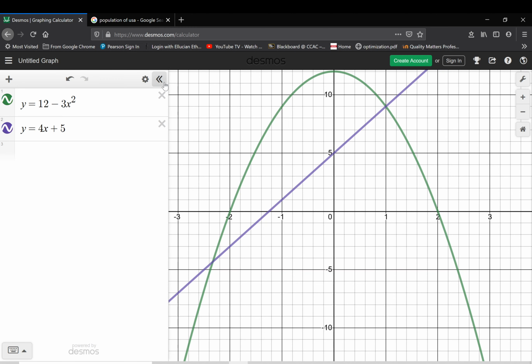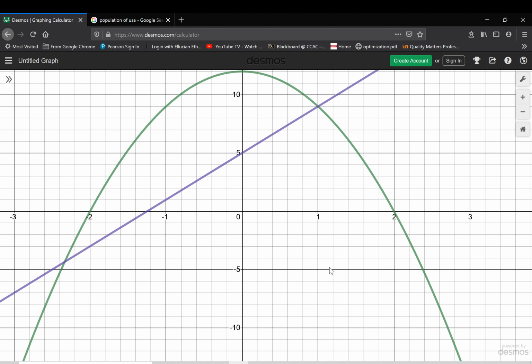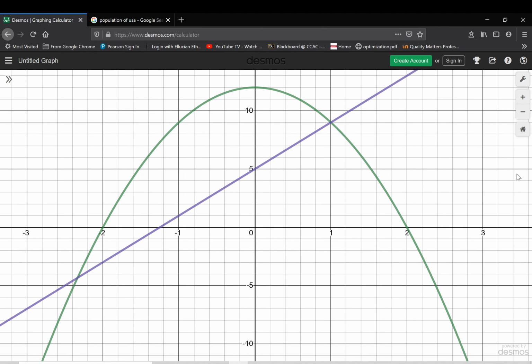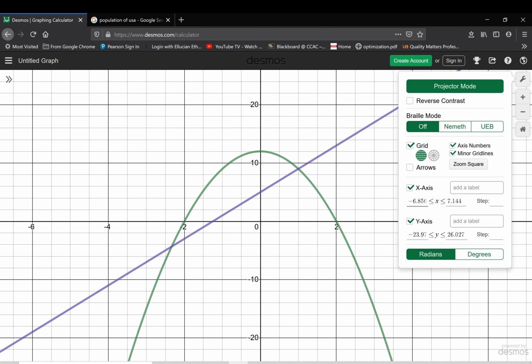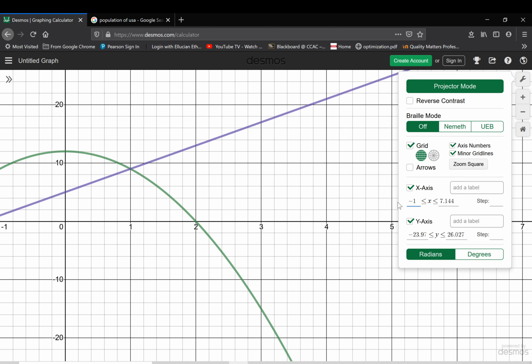So give me 1 second here, because I'm going to have to zoom out here. Let's do this. We'll go from, how about -1 all the way up to, let's say, 5.